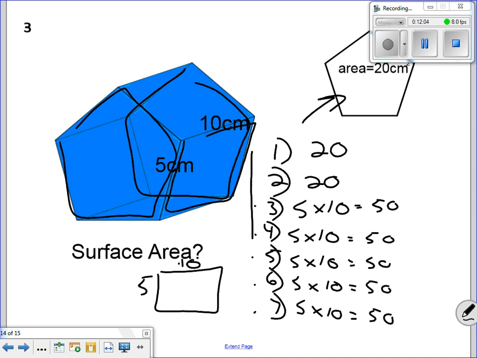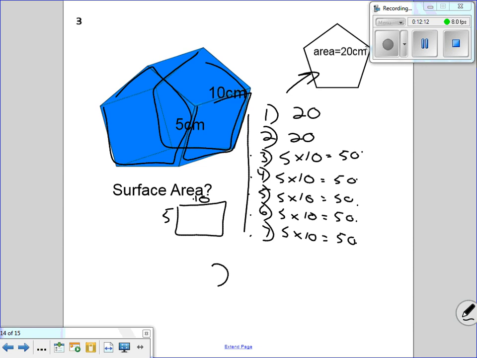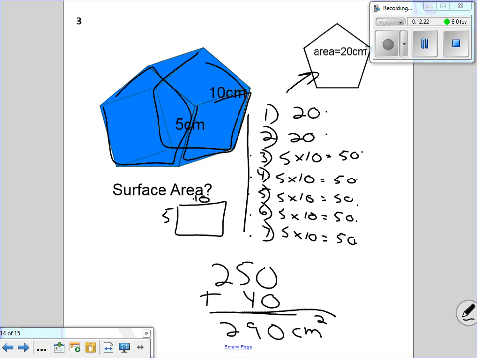All I have to do is add up these 7 sides. 5 times 50 is 250. Right, kids? I'm going to add that to 20 plus 20, which is 40. Add this up. I have 290 centimeters squared is my surface area to that.